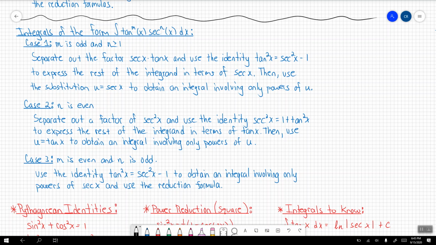So we're looking at either case 1 or case 3, but case 3 says that m is even, and that's false for the problem that we have, which means we're looking at case 1. Case number 1 says separate out the factor of secant x times tangent of x, and then use the identity tan squared x is equal to secant squared x minus 1. Okay, so let's go ahead and do that.